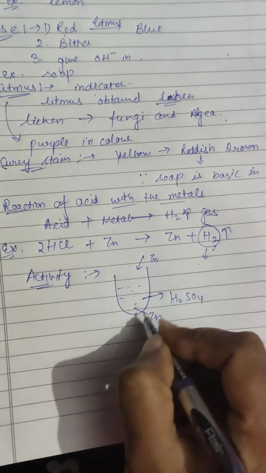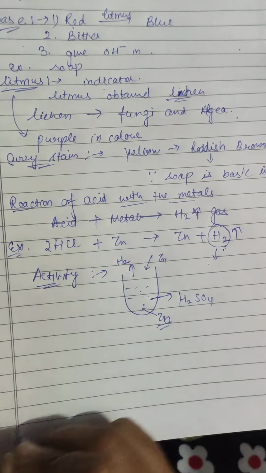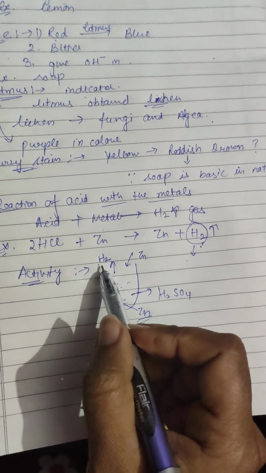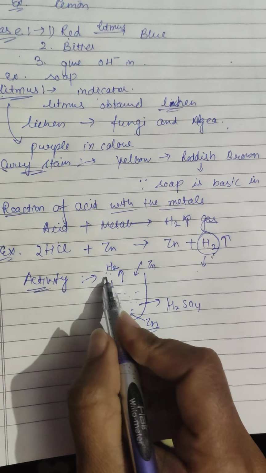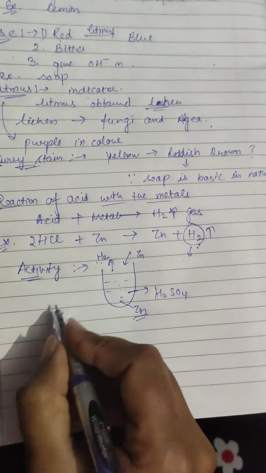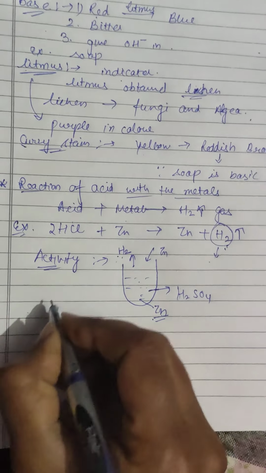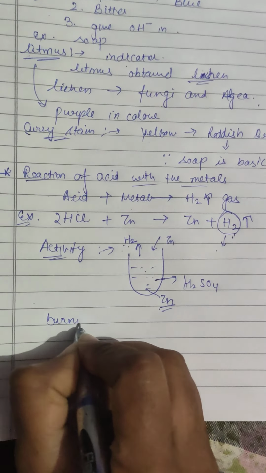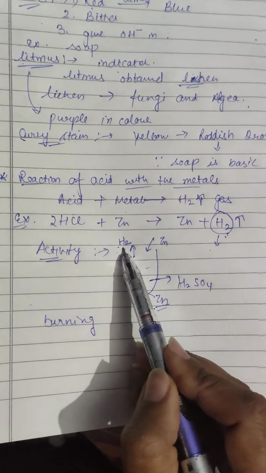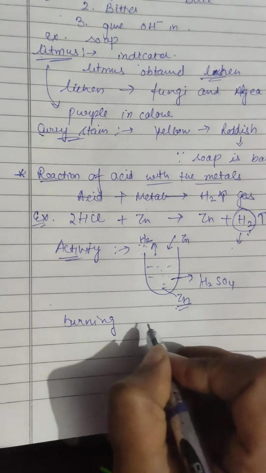When we add the zinc metal in the sulfuric acid, hydrogen gas is evolved. How can we detect the hydrogen? We can detect the hydrogen gas with the help of a burning candle. When we take the burning candle near this gas, the gas catches the fire.